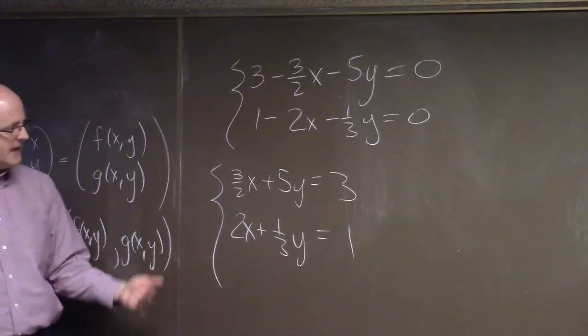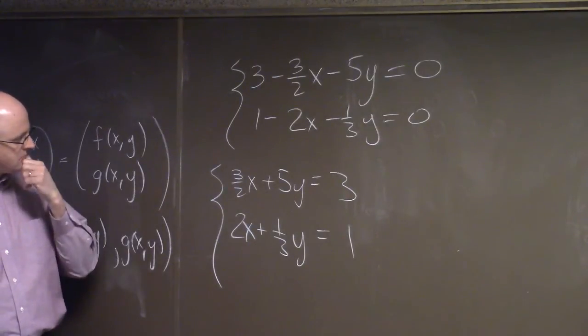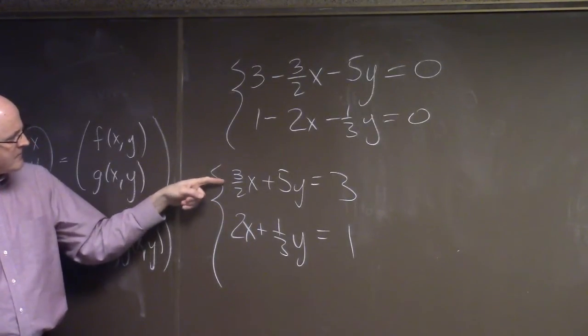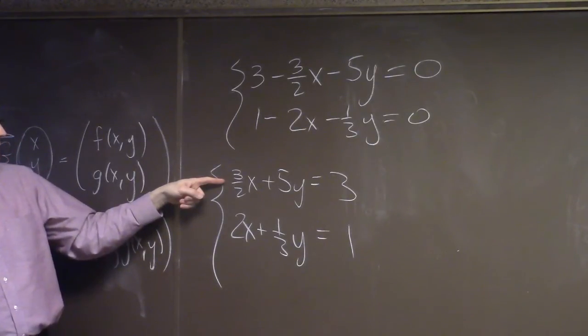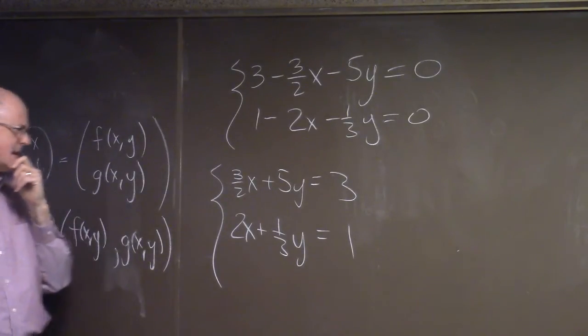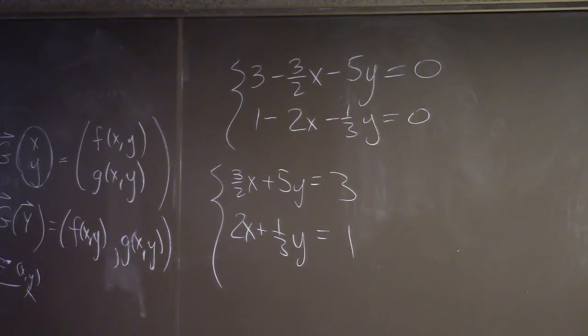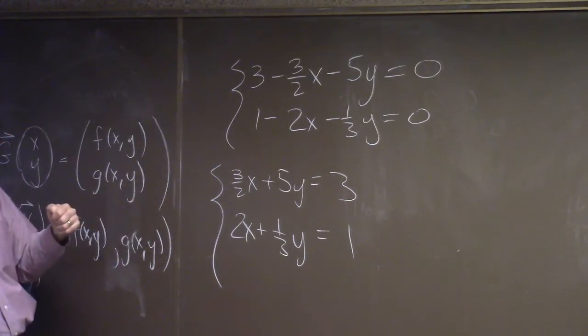How do you use elimination to solve this? You could, for example, multiply the top equation by, what would work well, 6 perhaps? Let's see. I'm thinking about eliminating the x.